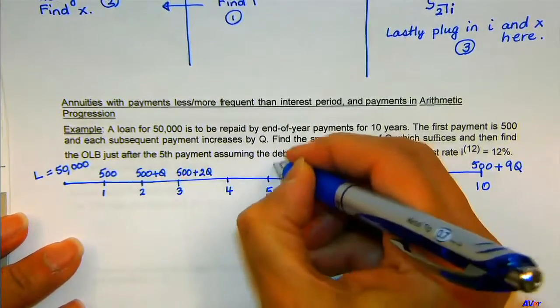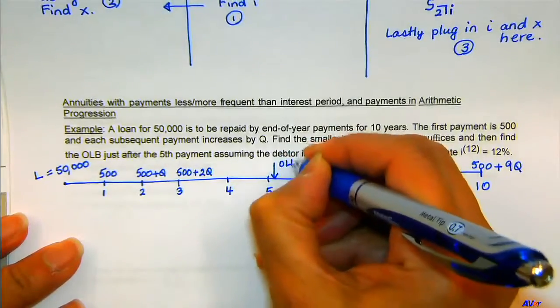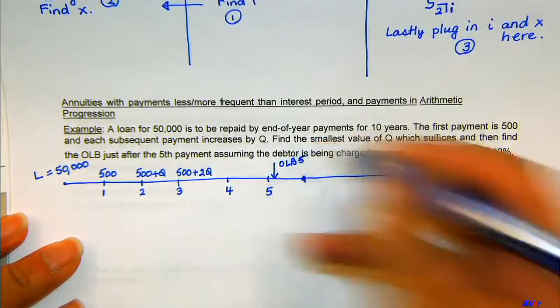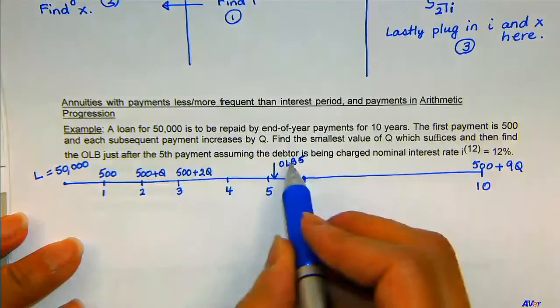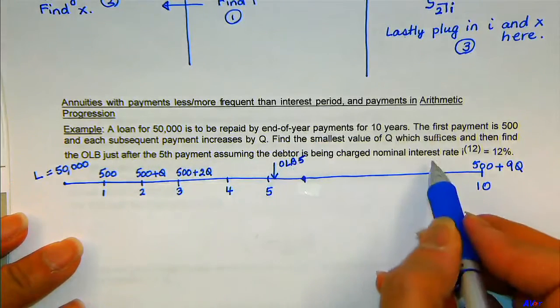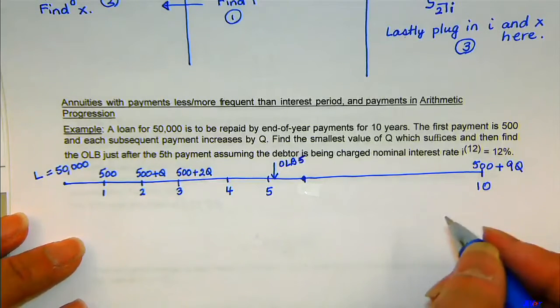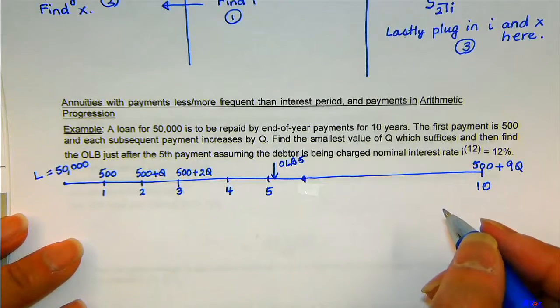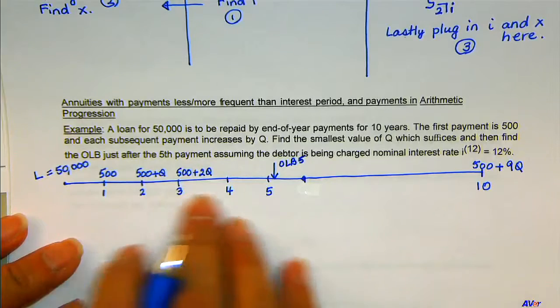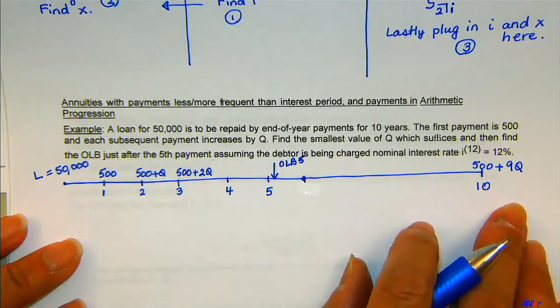So here's OLB 5, after the 5th payment. Assuming the debtor is being charged nominal interest rate convertible monthly. So these are annual payments. The interest rate is given monthly.